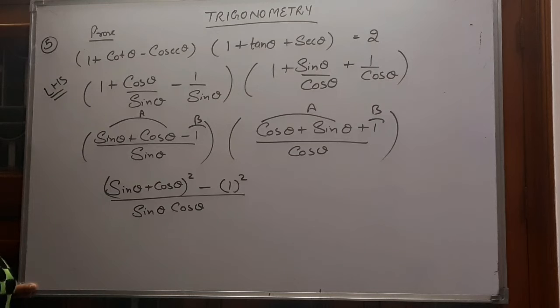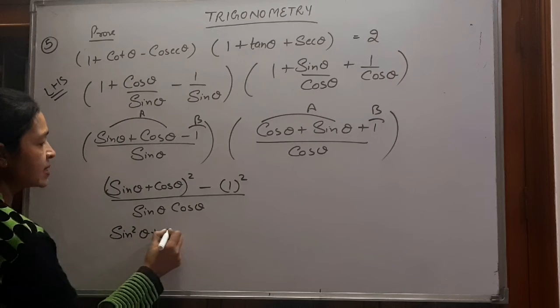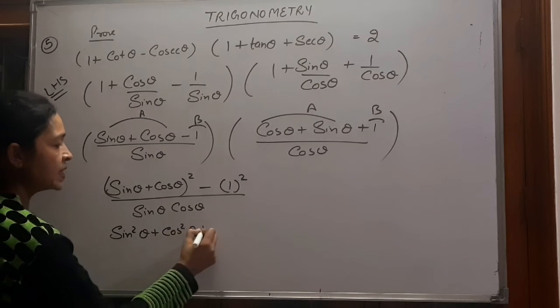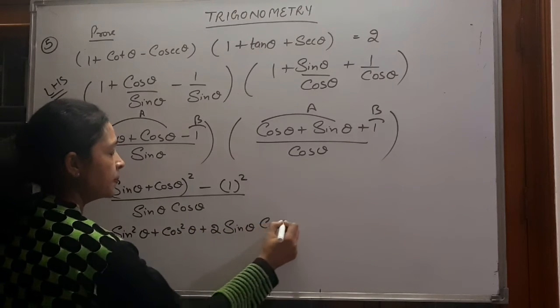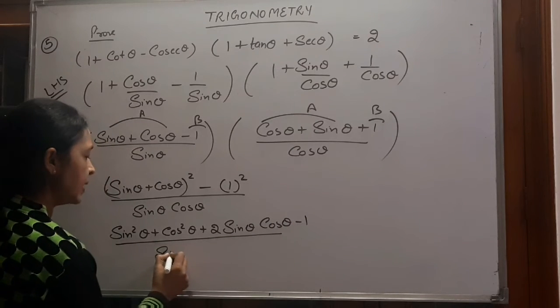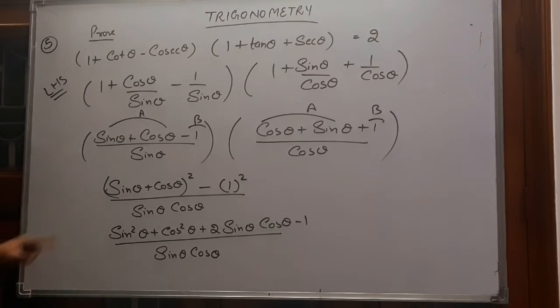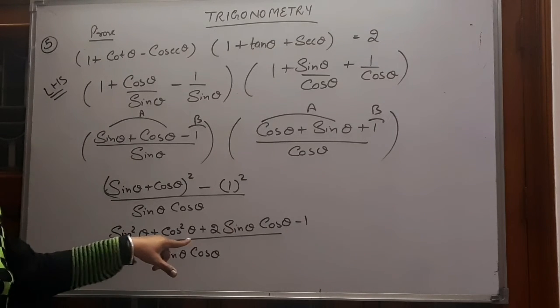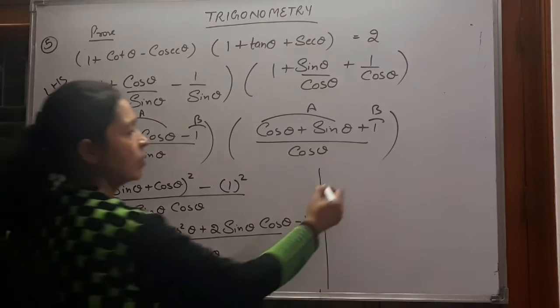And what is A plus B whole square? A square plus B square plus 2AB. We have sin square theta plus cos square theta plus 2 times sin theta cos theta minus 1 upon sin theta cos theta. And what is sin square theta plus cos square theta? It is equal to 1.